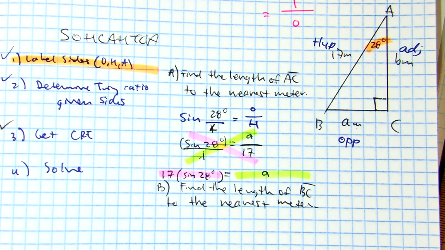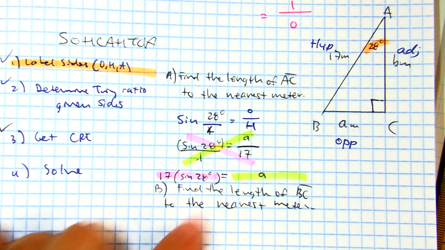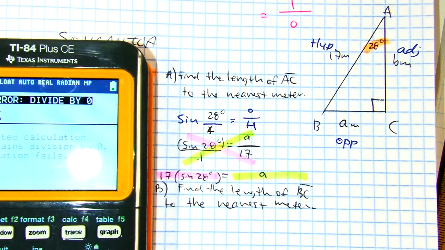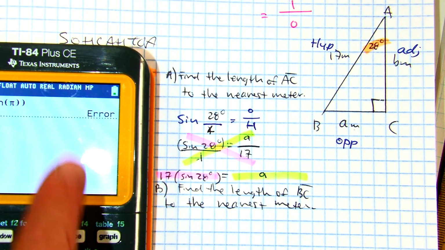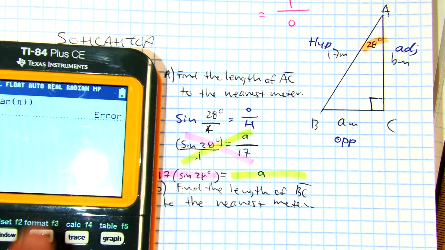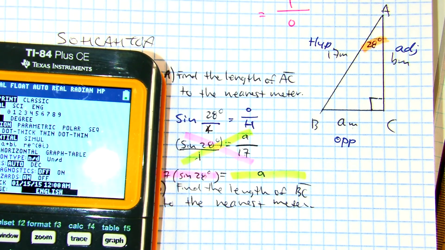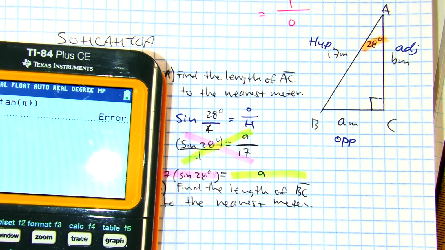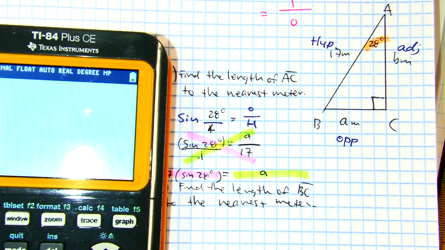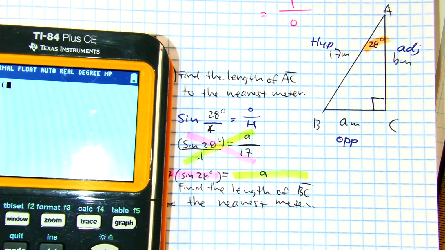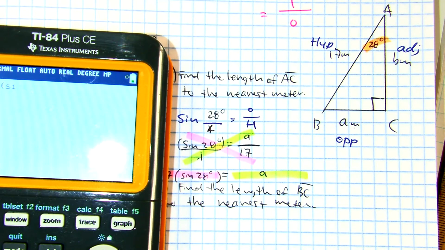So let's take out our calculator. I have that in degrees. My calculator is in radian mode, so I'm going to change it back into degrees. I'm going to type in 17 parentheses sine of 28.